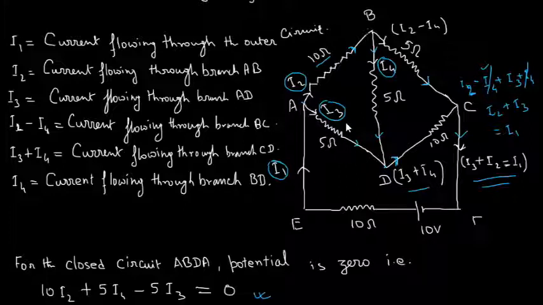But the direction of this current is opposite to that of the current flowing in AB or BD. Therefore, it will have a negative sign. So we have put minus 5I3 here, which is equal to 0.